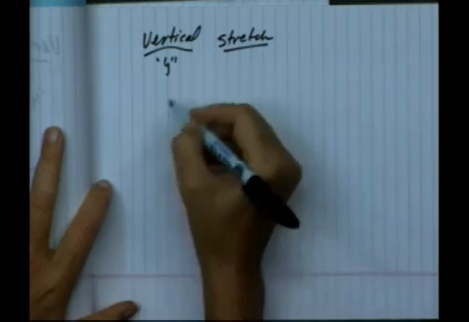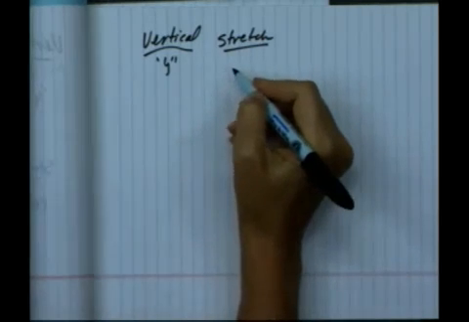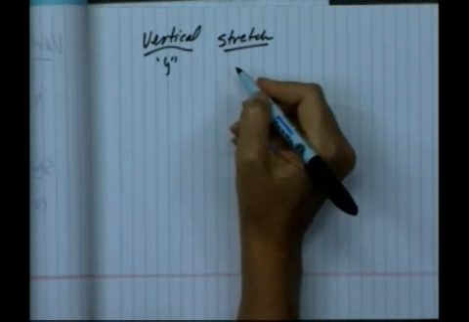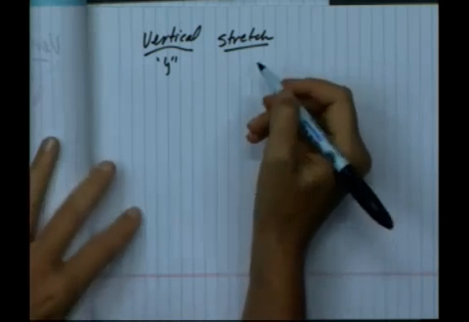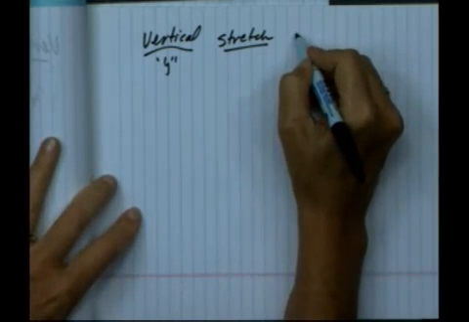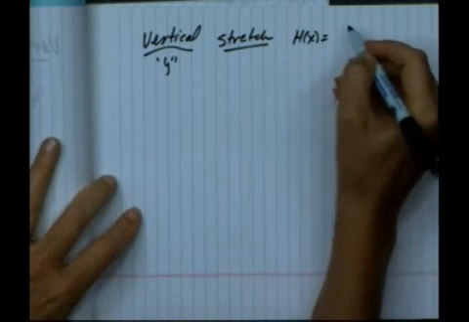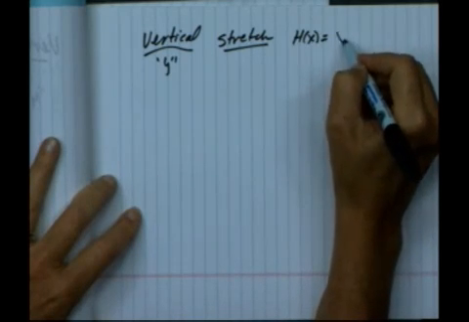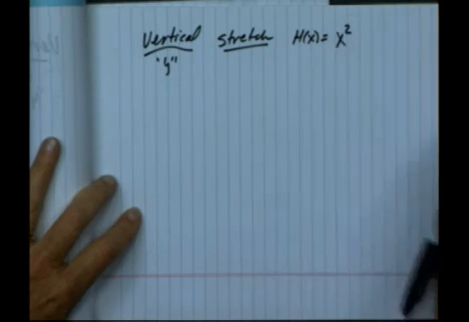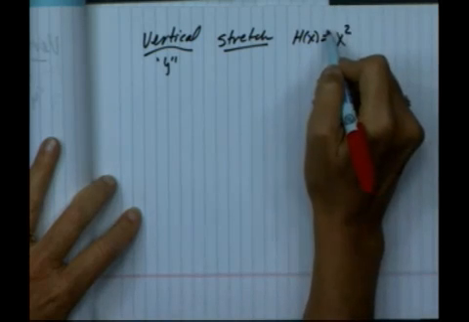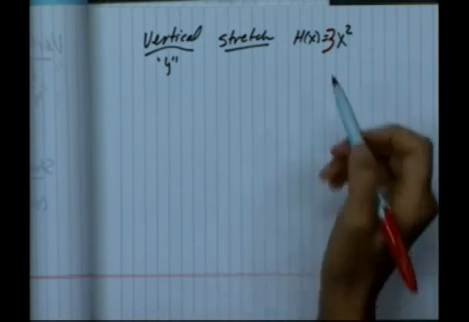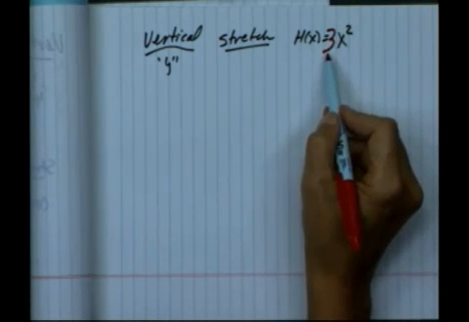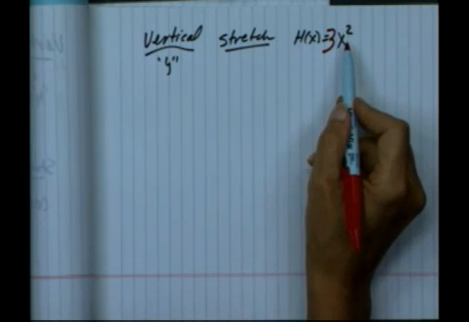The instructions are: use transformations to sketch the graph of h of x equals 3x squared. Whoops, I forgot to put the number in front. We want to sketch h of x equals 3 times x squared.